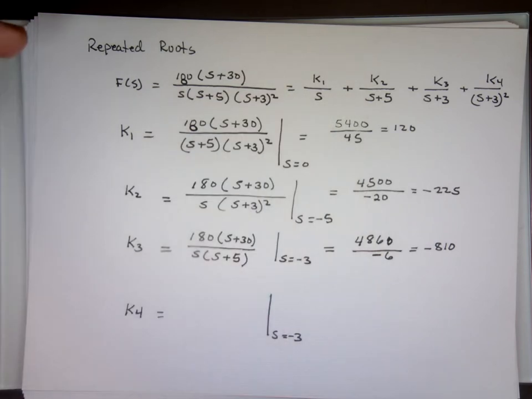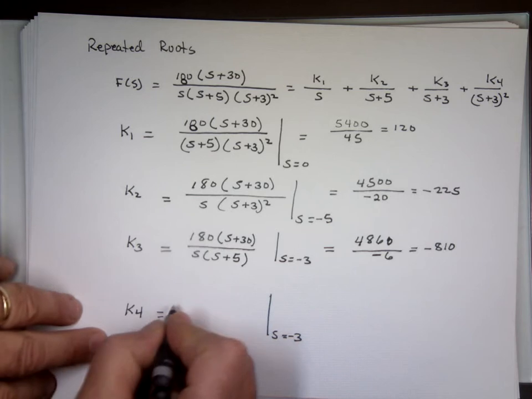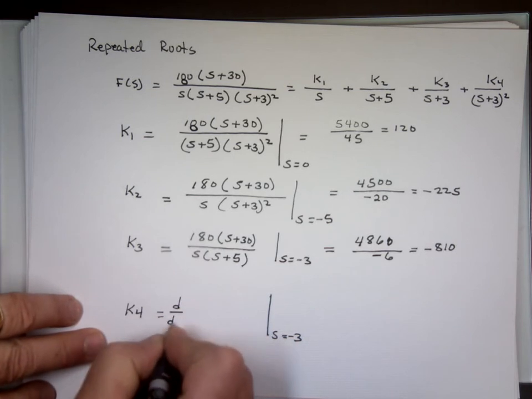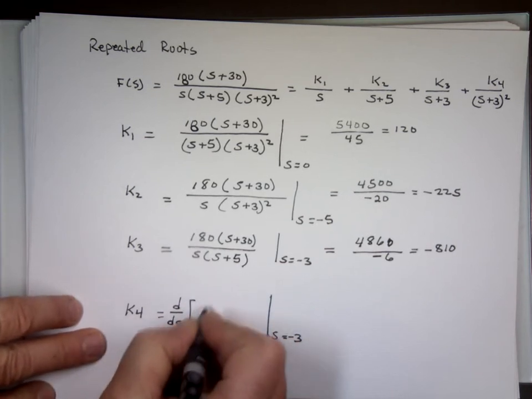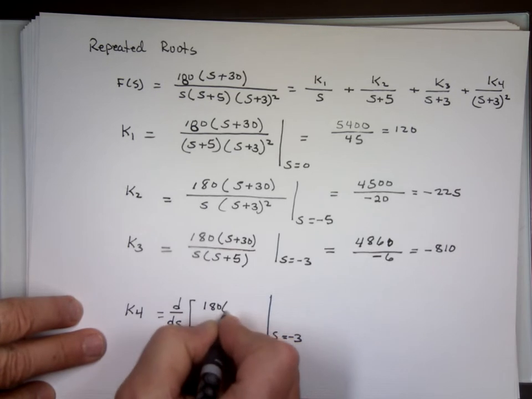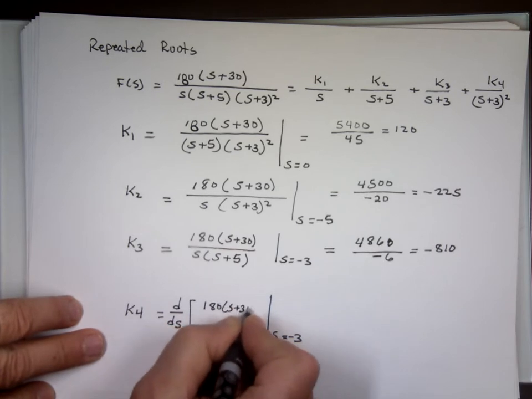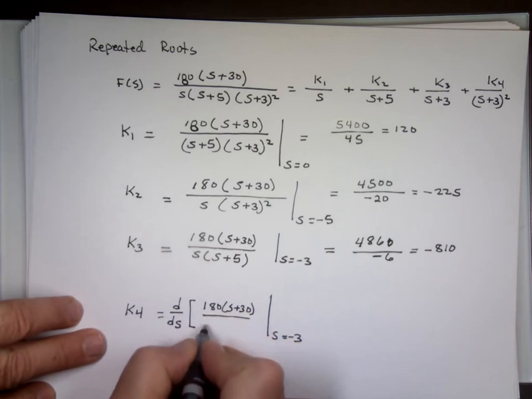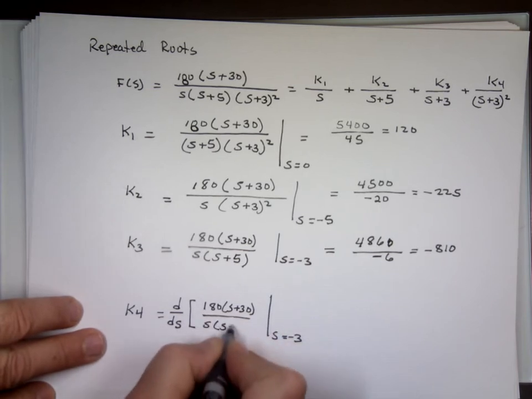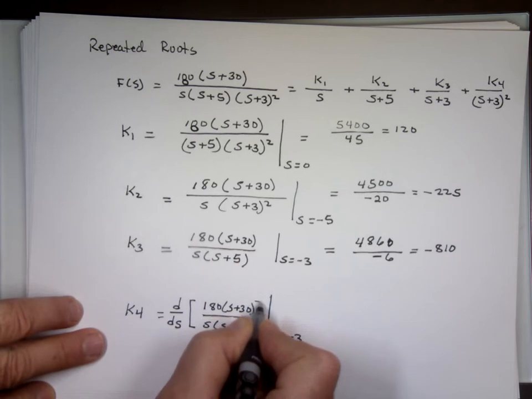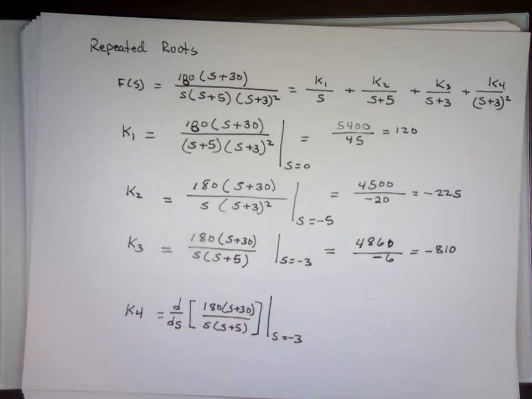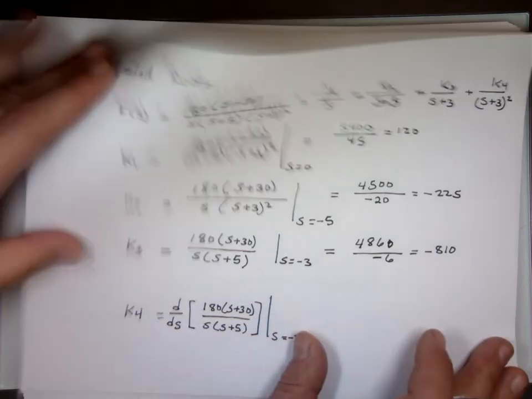So to find that, you want the derivative. The derivative of 180 times S plus 30 over S times S plus 5. And if you remember your Calculus 1, there's a fraction, so we have to use the quotient rule. Let me just clean it a little bit there on the next page.